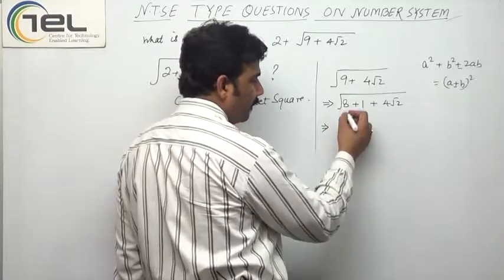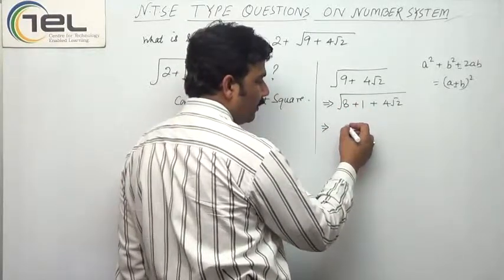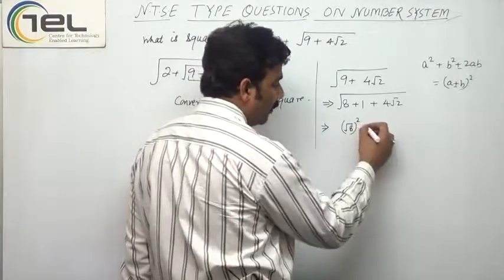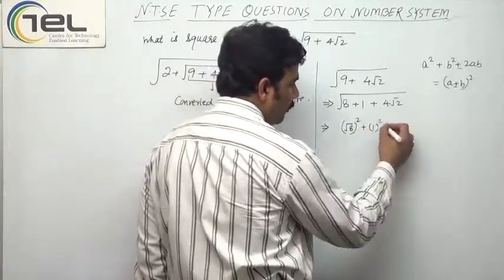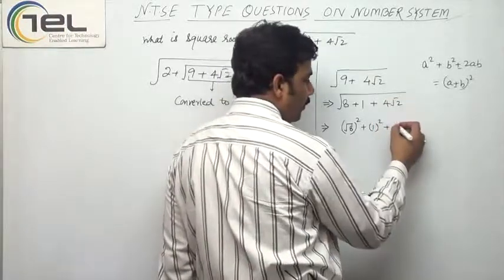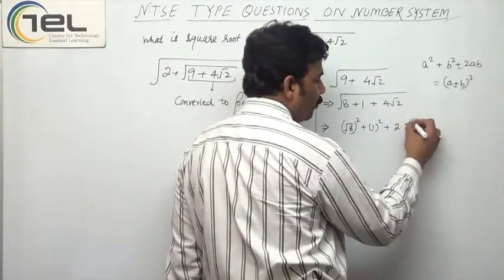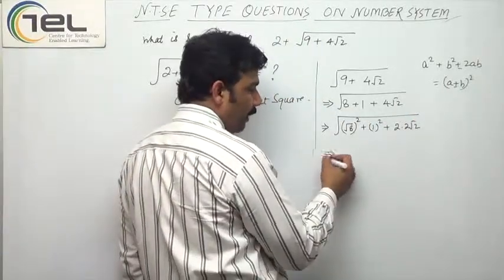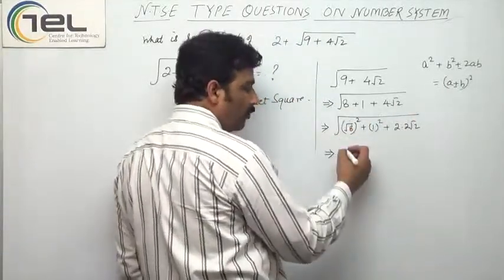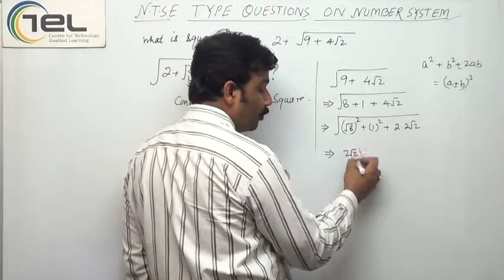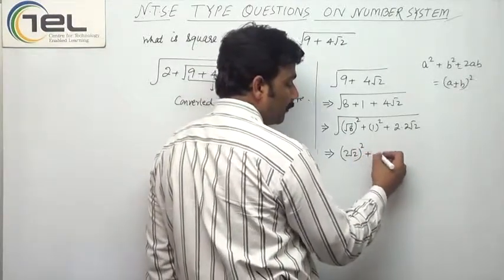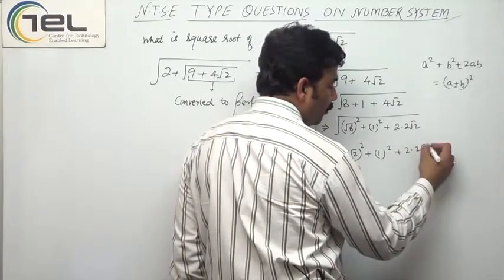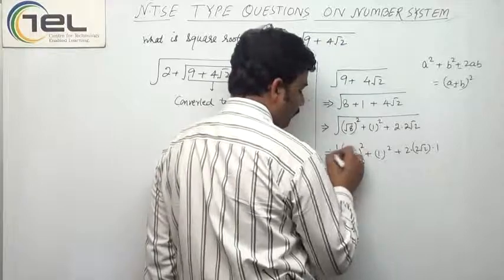Root 8 can be written as under root 8 whole square, plus 1 whole square, plus 2 into 2 root 2 into 1.